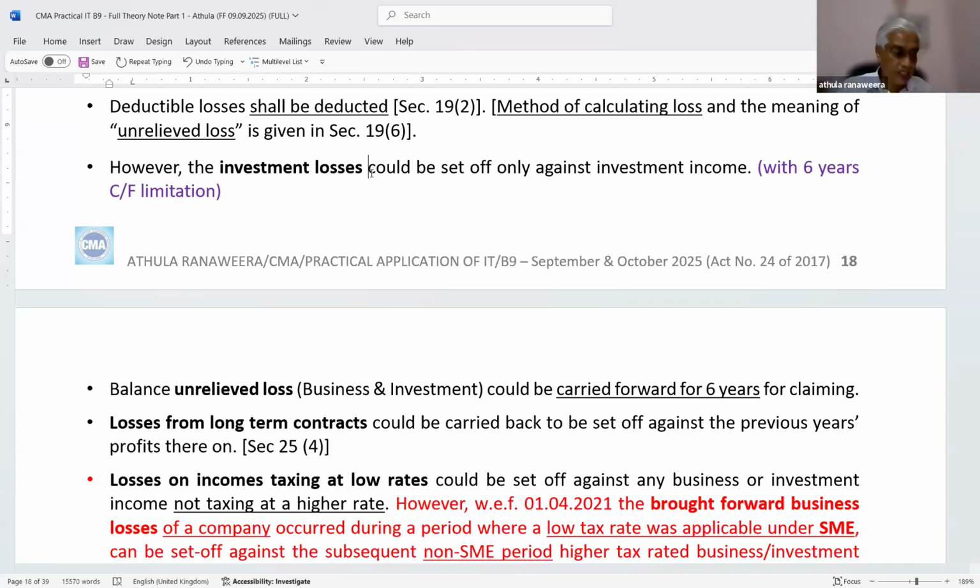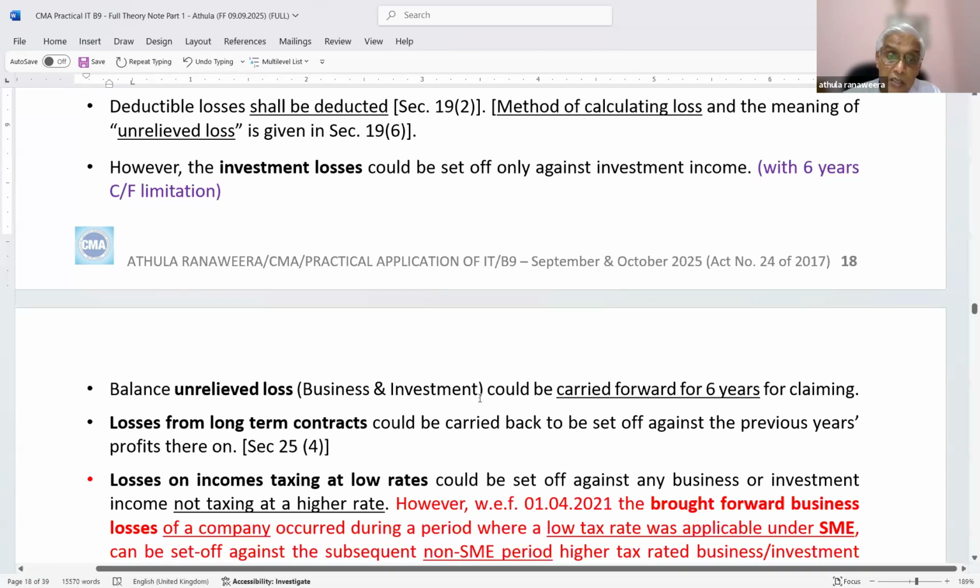If you know the reason, then it will be easy for you to remember this. I think the reason may be that in the investment category, the probability of ending up with a loss is at a greater level. Possibility of ending up with a loss is a big risk. That may be the reason why they have not allowed that against the business.